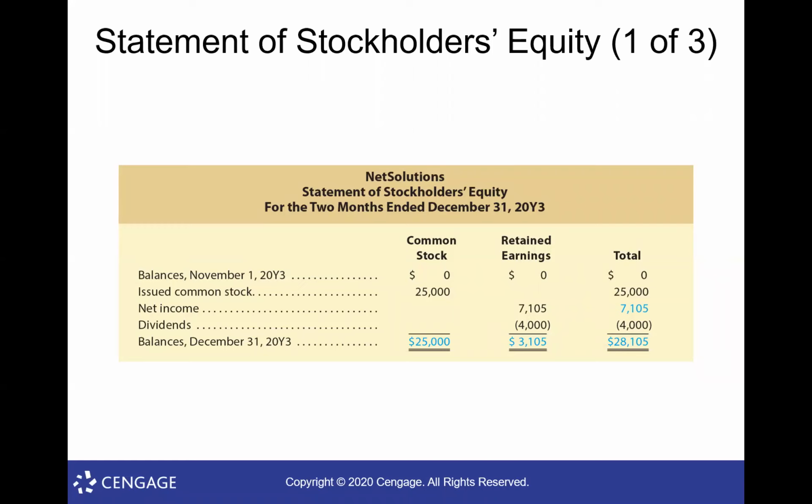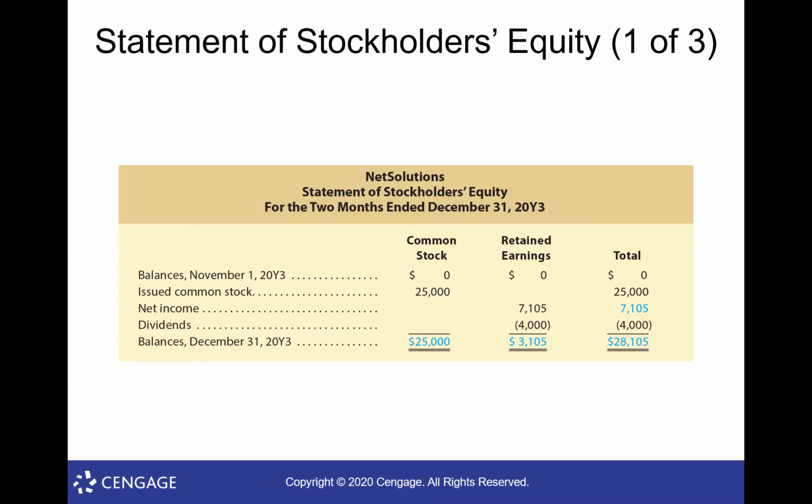The common stock increased. Then their net income, which again is revenue minus expenses, added to the retained earnings. Then the dividends, money paid back out to the owners, subtracted from retained earnings. And in the end, the business now has a stockholders' equity of $25,000 from common stock, $31,005 from retained earnings, or a total of $28,105.